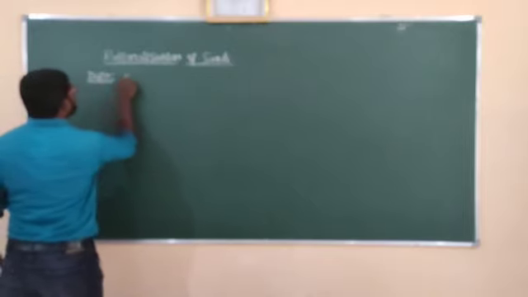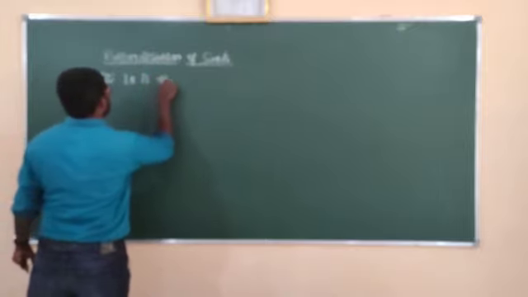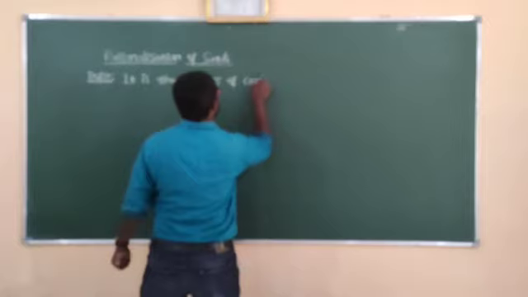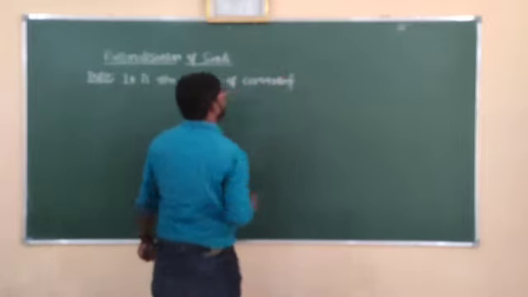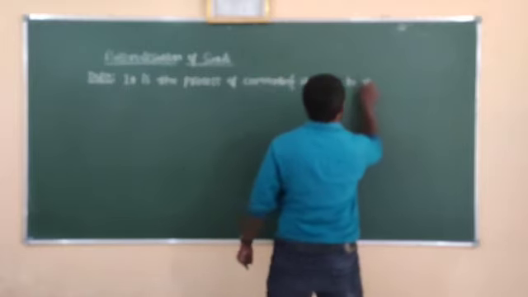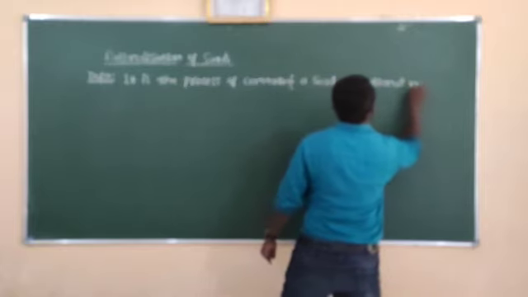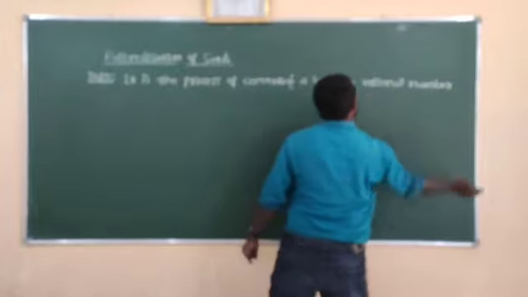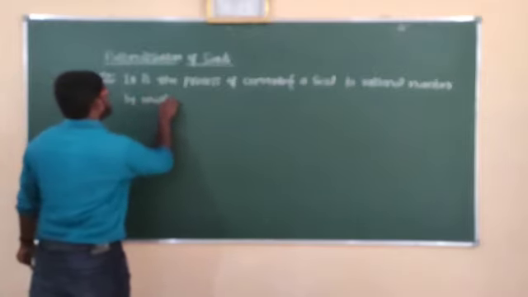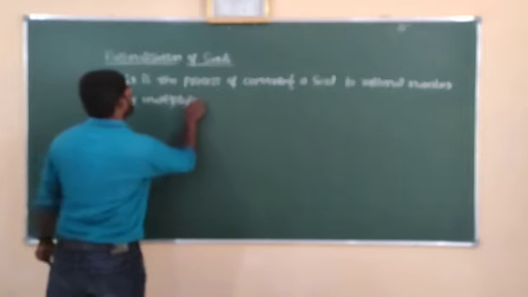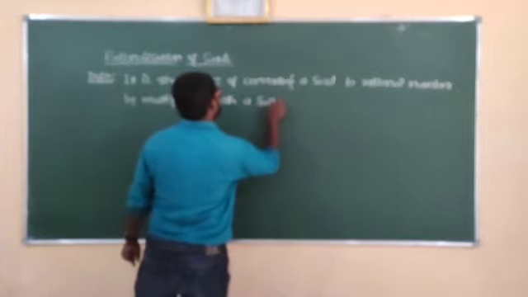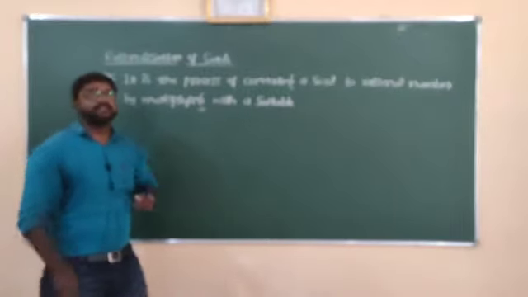It is the process of converting a surd to a rational number by multiplying it with a suitable rationalizing factor.